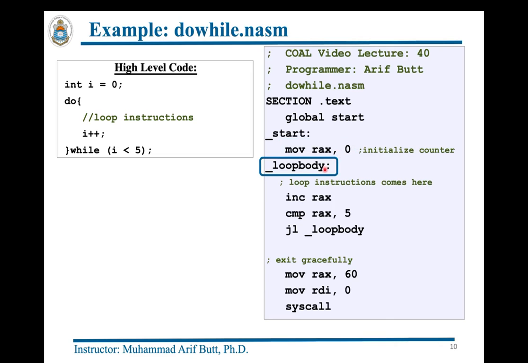This label represents the start of the loop body. The loop instructions come over here, and for simplicity I have not kept any instructions over here for the time being. This increment instruction corresponds to this I++ instruction over here.